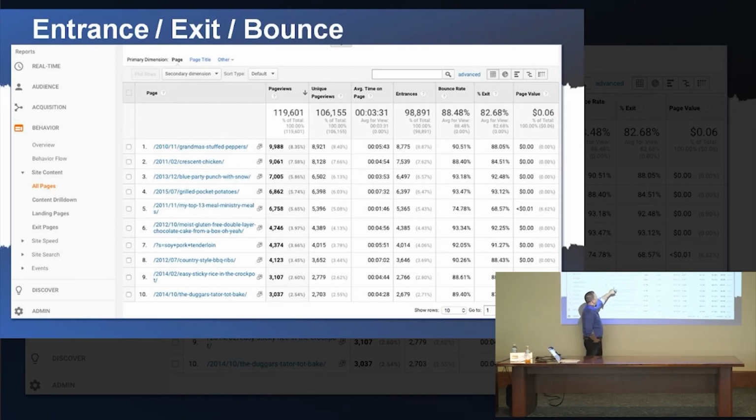So I know what page people entered on, and I then know, so here's my exit rate, where that page was the last one they saw in the session. Okay? That's the exit rate. Then there's the bounce rate. The bounce rate is how many times that was the only page they saw.